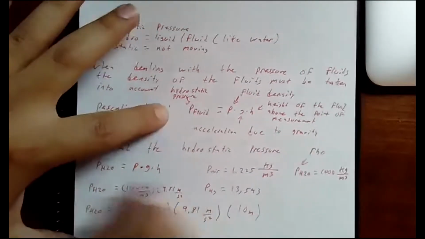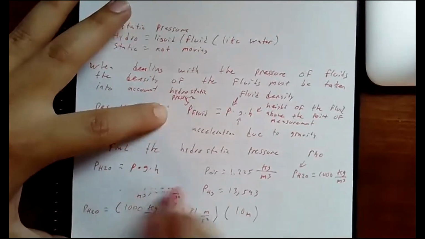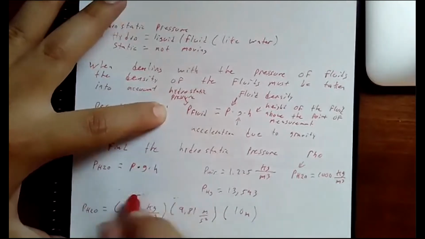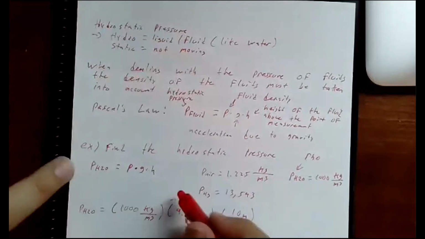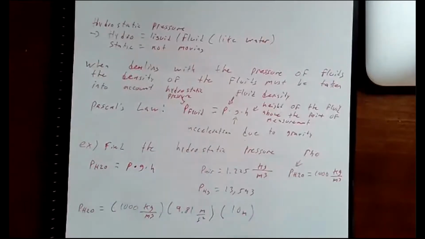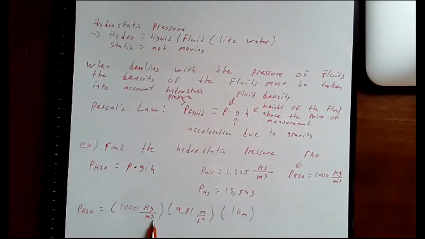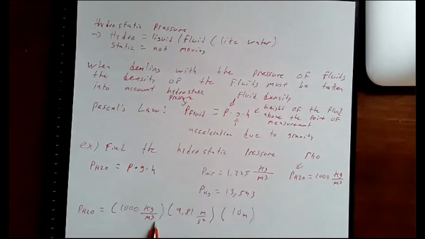So the hydrostatic pressure of H2O would be this. You cancel meters with meters, which gets rid of 2 of the 3 here. Seconds will stay, kilograms will stay.